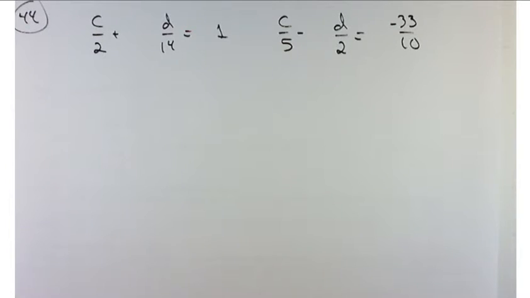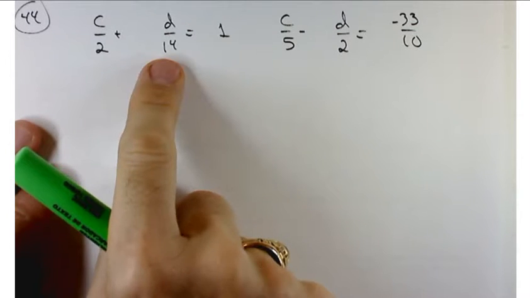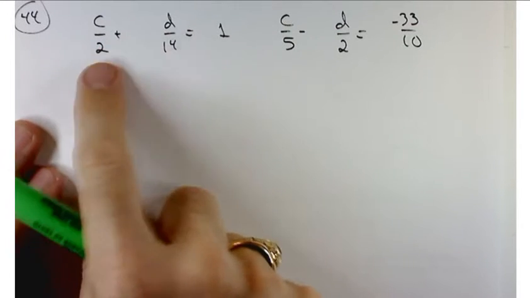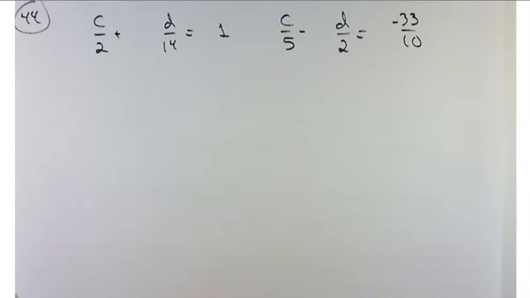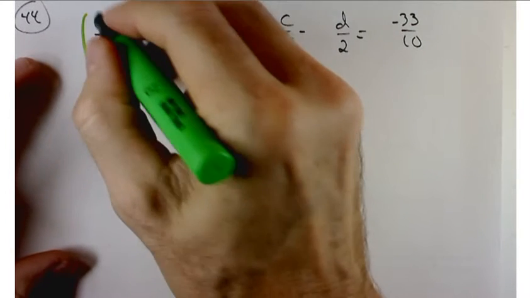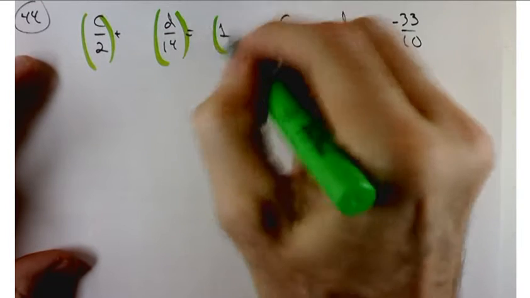What could I do to get rid of the fractions, for instance? Multiply by what? What's the lowest common denominator between these two? 14. So that's what I'm going to do here. I'm going to multiply everything here by 14.